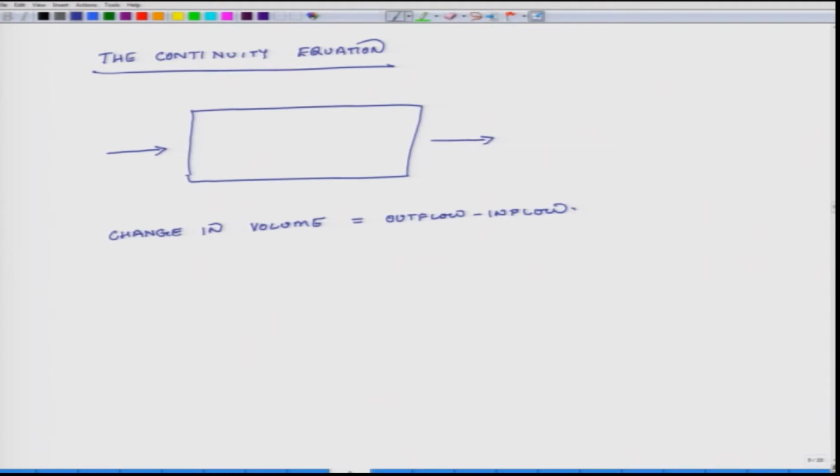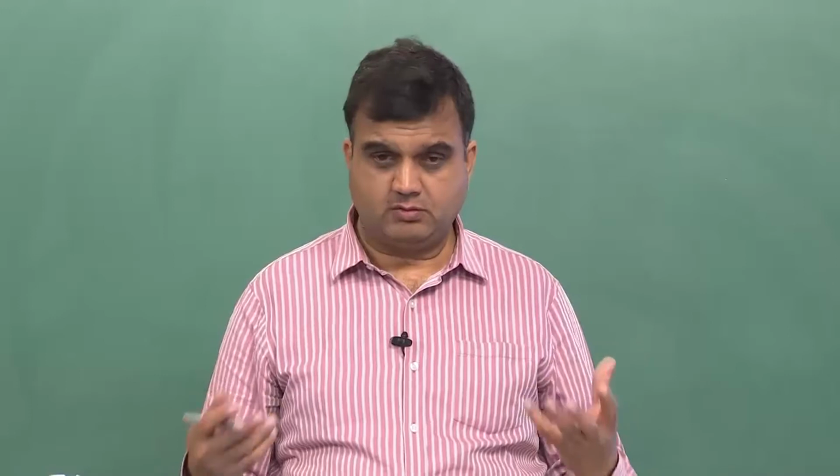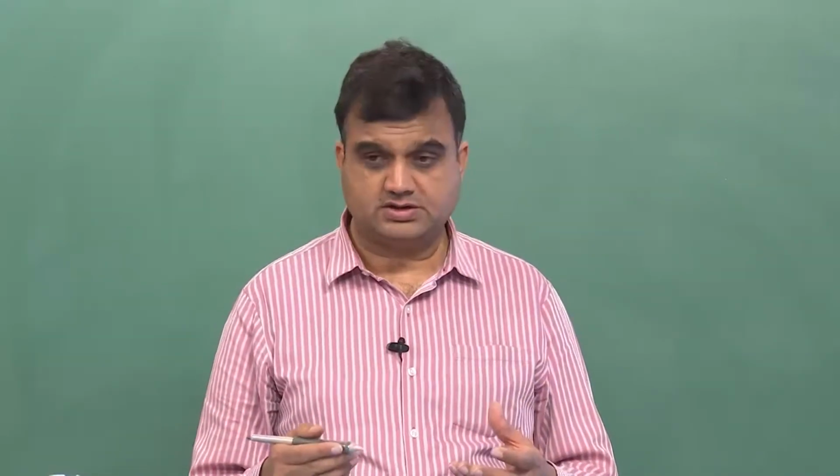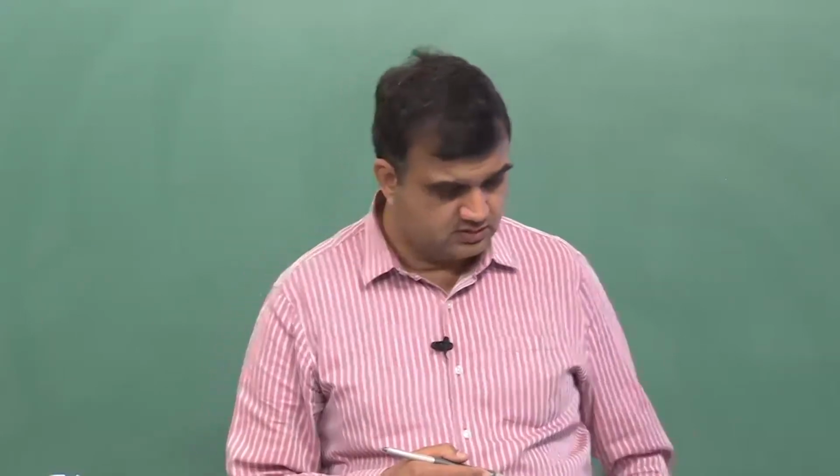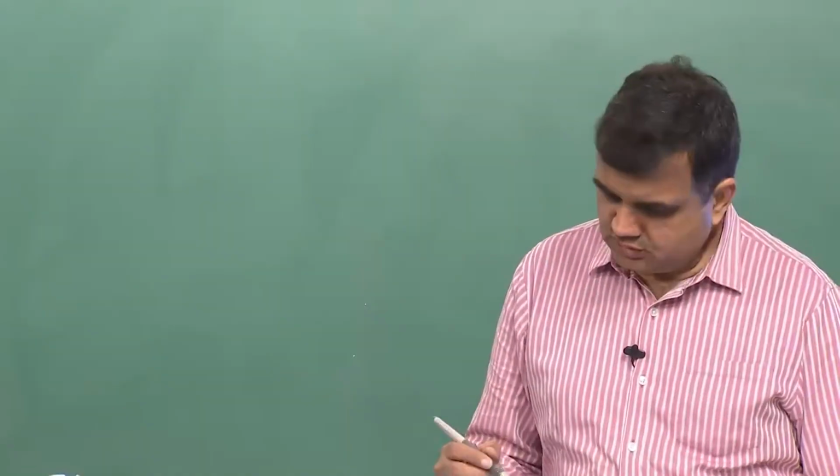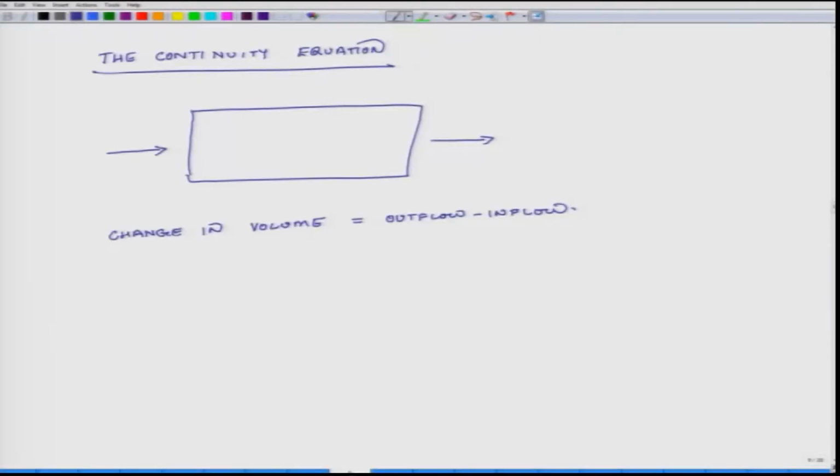Because if there is no change in volume, then what does that mean? That mass is not being consumed, it is going somewhere. So, it has to be accounted for. That is where we are talking about mass conservation. So, let us say that this change in volume, we call it delta tau.